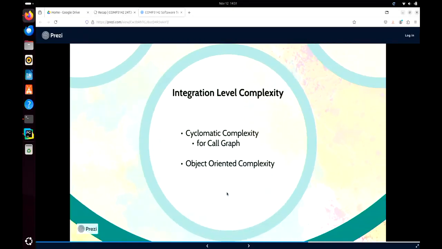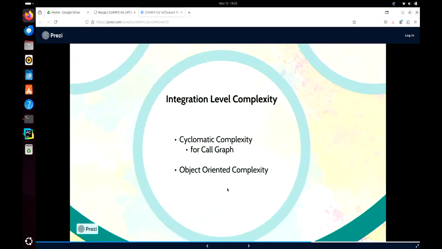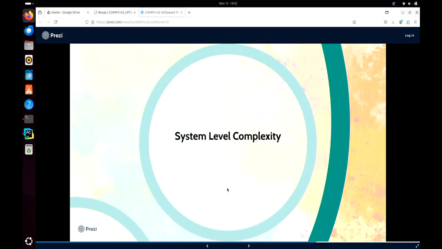And after that, we learned integration level complexity. We learned the cyclomatic complexity for call graphs. We learned object-oriented complexity metrics. And particularly, we learned something related to coupling and cohesion. And after that, we learned system-level complexity.